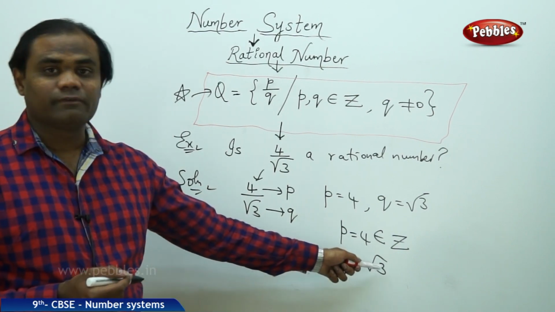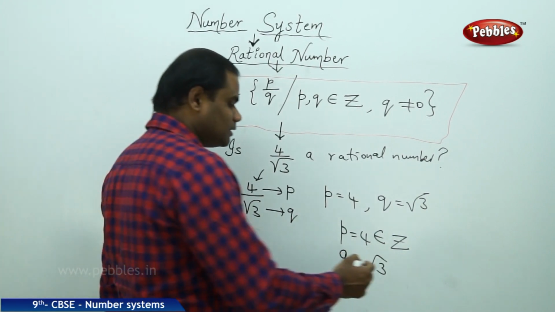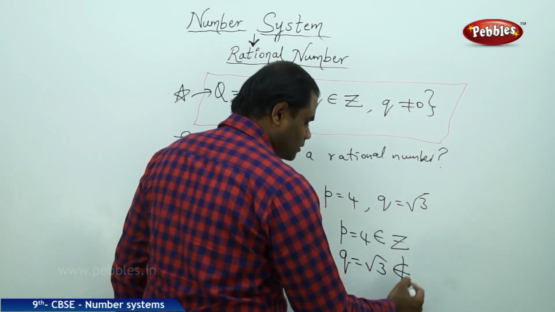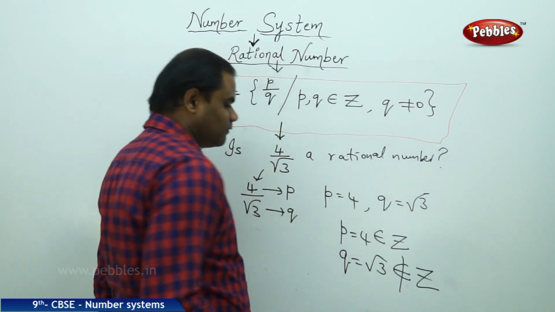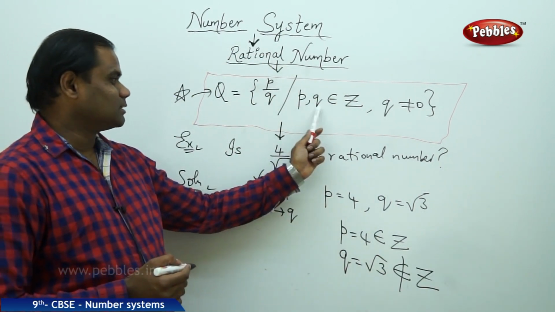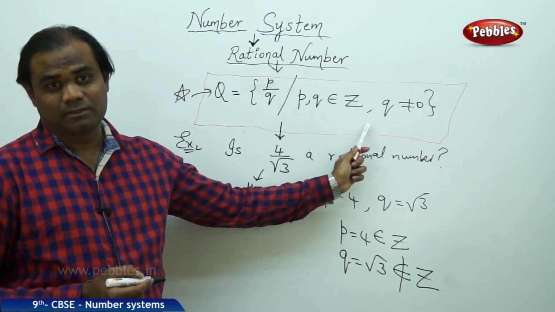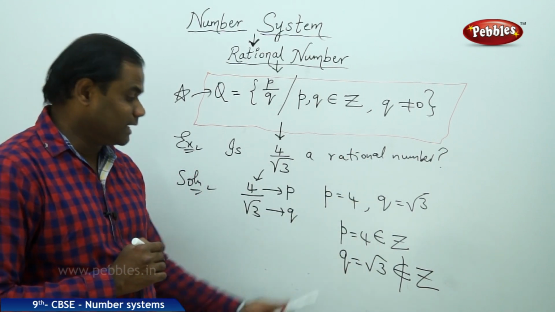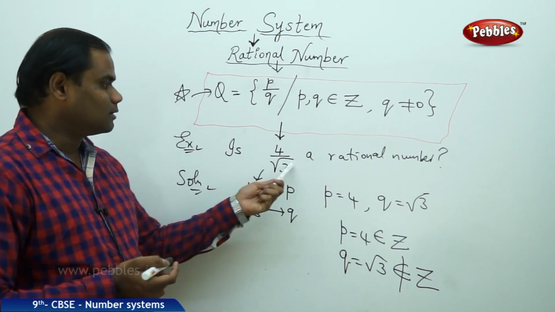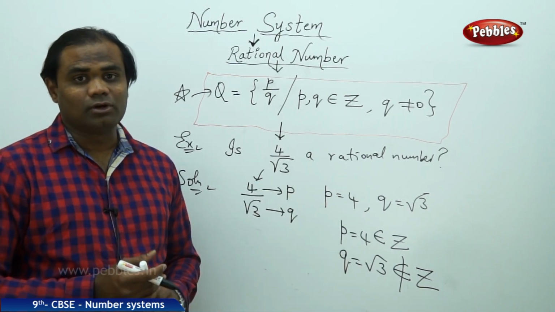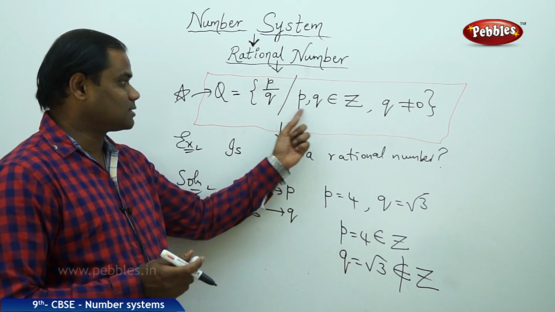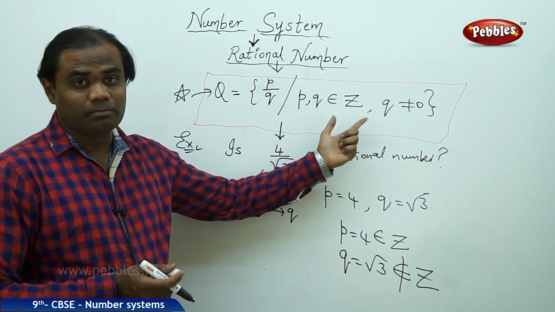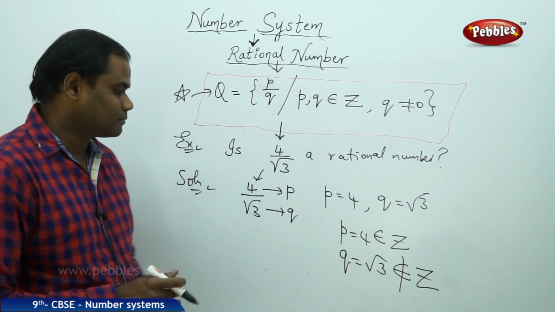This being a root which cannot be further simplified clearly says that this cannot be an integer. Therefore, P belongs to Z, but Q does not belong to Z, and therefore it fails test number 1. Indirectly this number cannot be a rational number because it fails test 1, P and Q being integers.